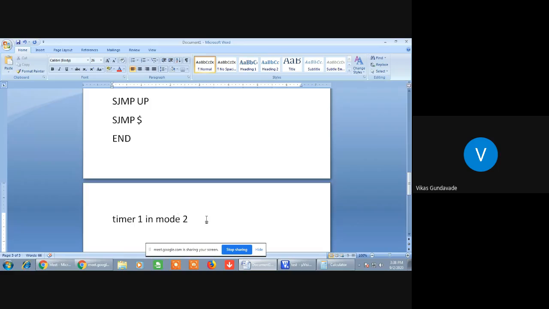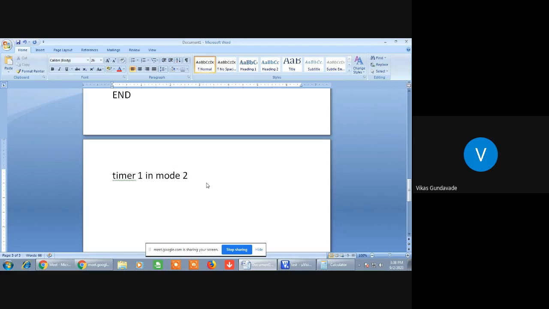So here we will use timer 1 in mode 2. Mode 2 is auto reload mode. What does it mean? Whenever the value overflows or rolls over in TL, the previous count automatically gets loaded from TH into TL.